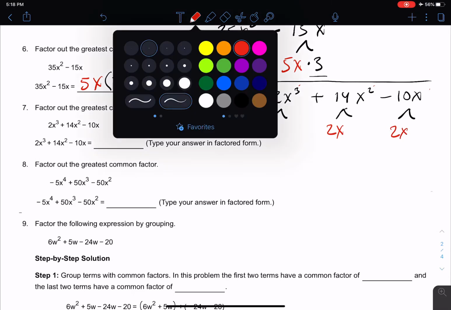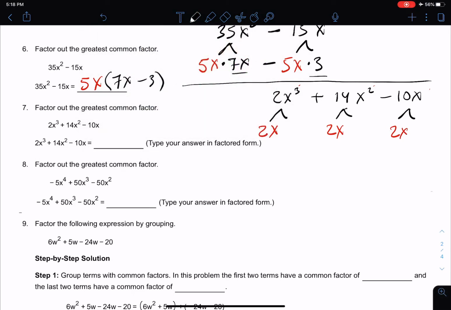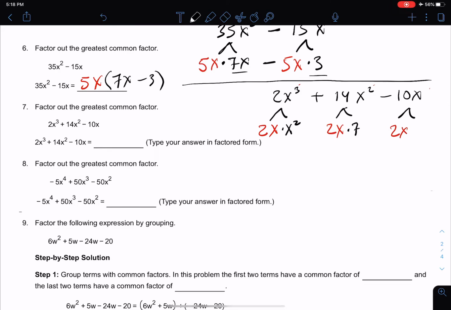And let's just see what is left in terms of factors. 2x, well, there's still an x squared to make x cubed. And 2x, there's still 2 times 7 to make the 14, and x times x to make that x squared. 2 times 5 to make that 10, and that's it. We already have 1x. The signs are just going to come down.